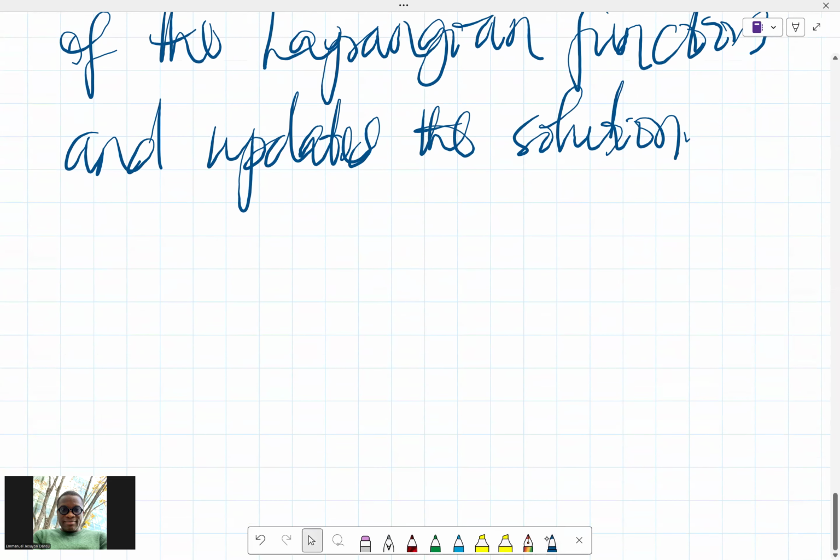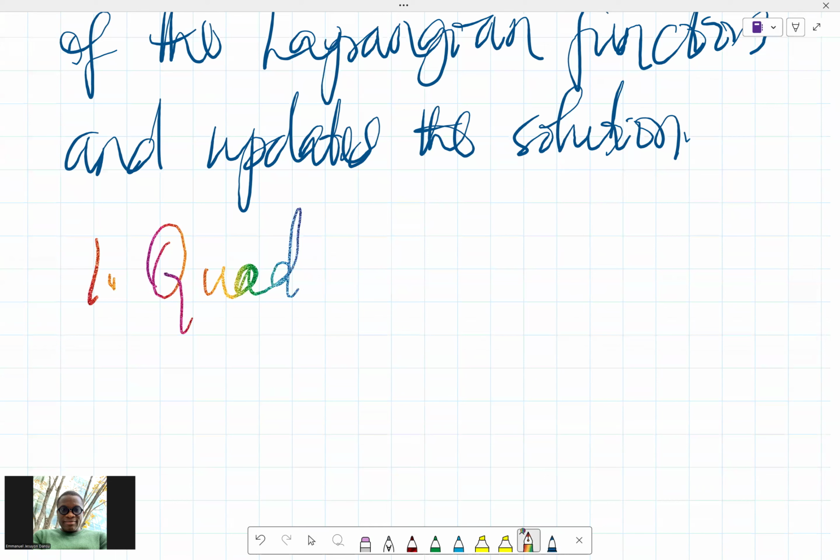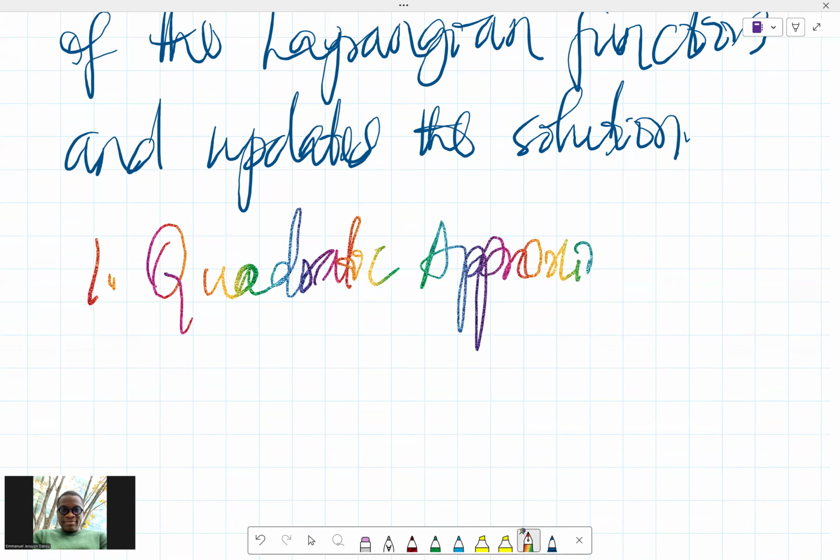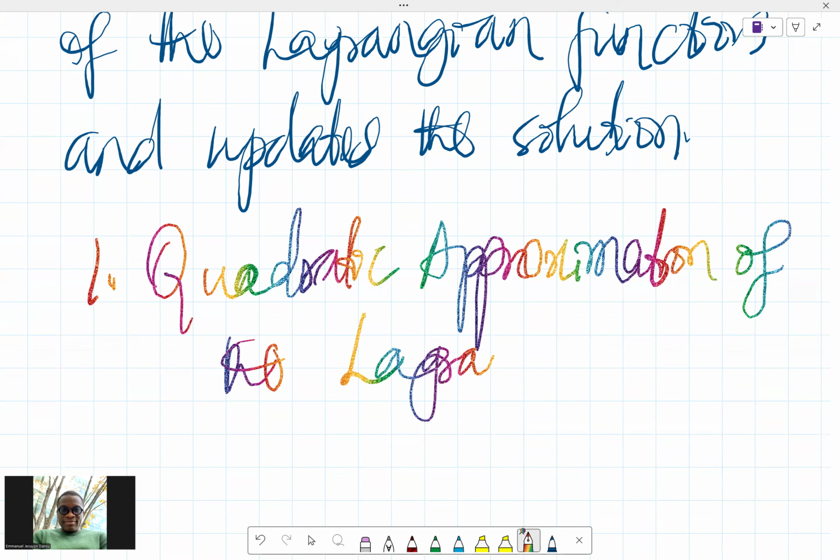All right, so let's look at the first step. We have the quadratic approximation of the Lagrangian.